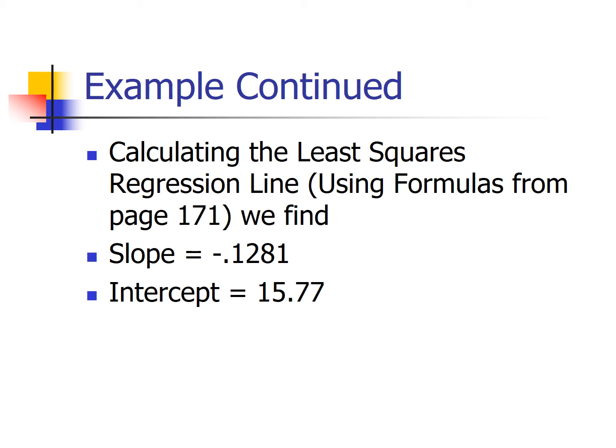No, of course it isn't. We observed way back when that the correlation was negative. The slope and the correlation always have the same sign. Since the correlation was negative, the slope had to be negative. And we also find that the intercept for this example is 15.77, and we'll interpret each of these in just a few slides.